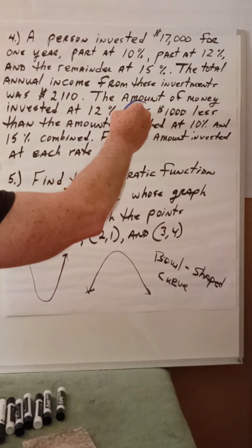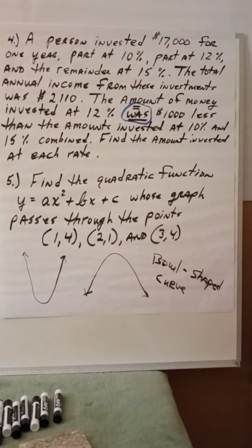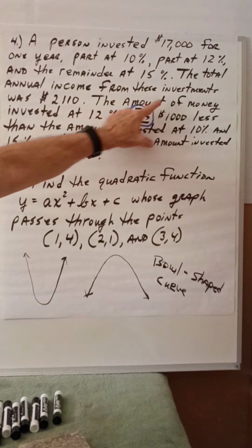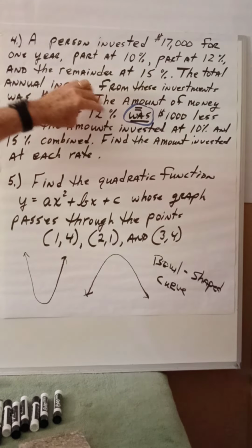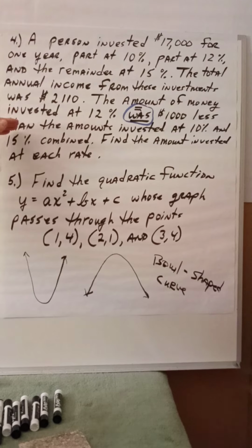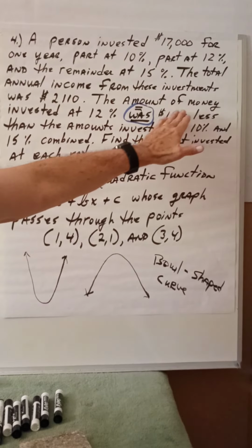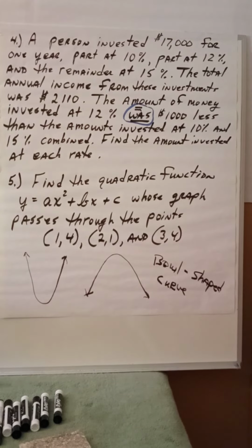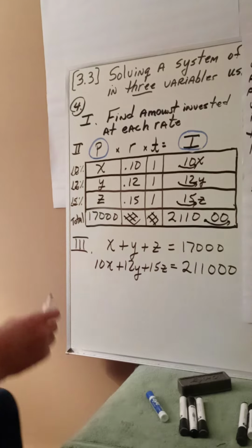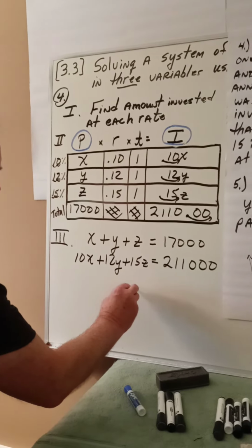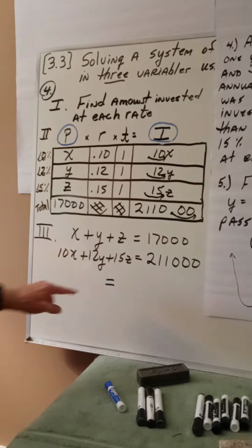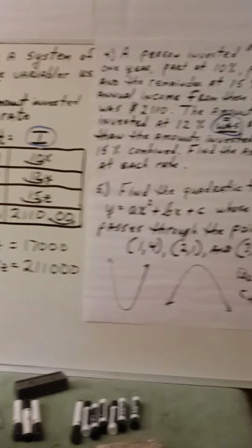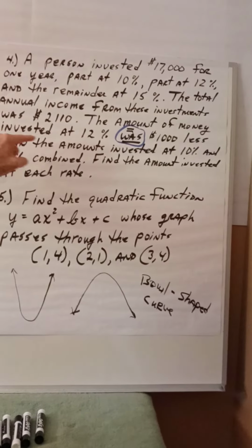"Was" is a key word. It is the linking verb that's going to link together the phrase that's coming to the left of the word was with the phrase that's coming after the word was. Now what comes to the left of was is going to go to the left of the equal sign. I'm going to put an equal sign right here. That equal sign is your was. Now let's see what is written before was.